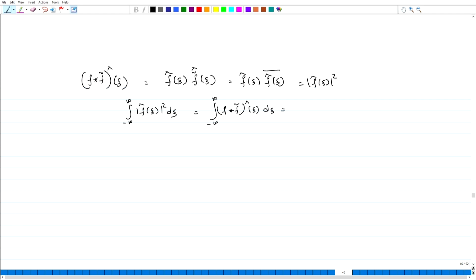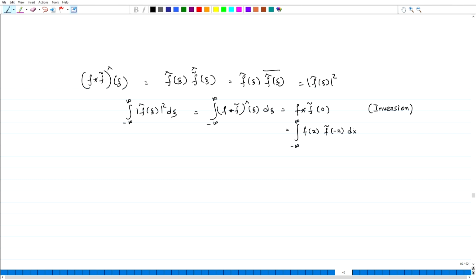Because f convolution f tilde is in the Schwarz space, by the Fourier inversion we get that this is f convolution f tilde at 0, and this by definition is the integral from minus infinity to infinity of f of x times f tilde of minus x dx.